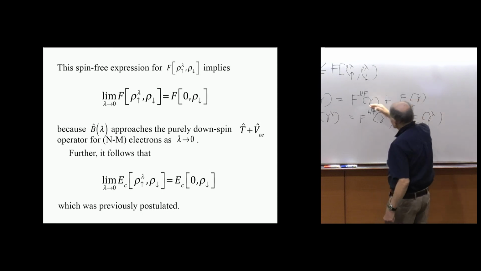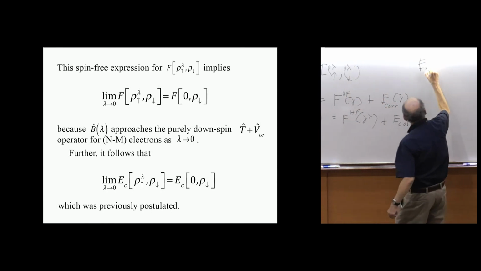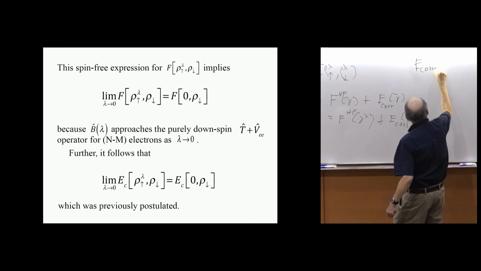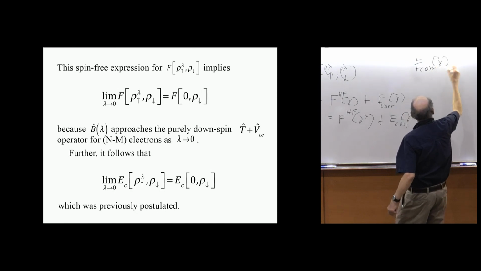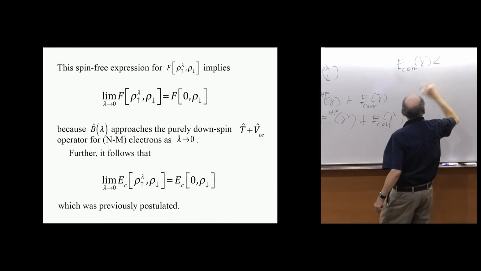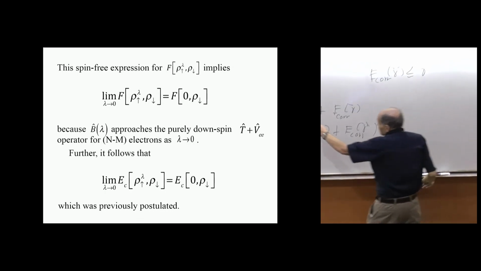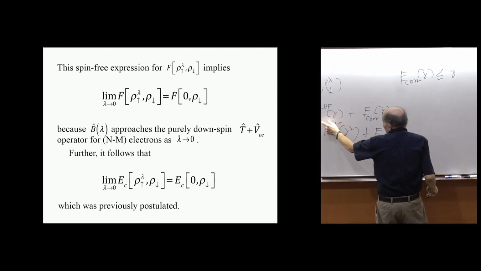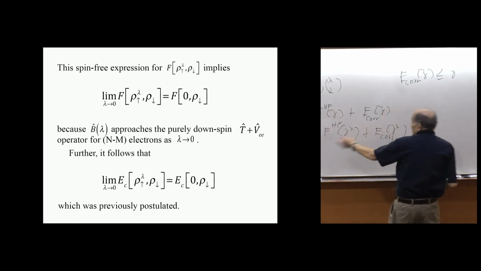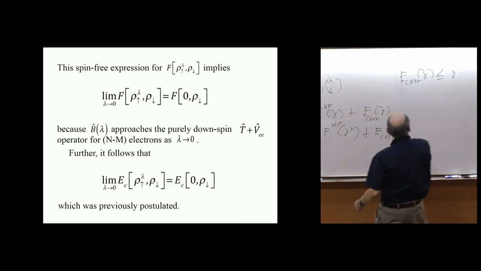Since this can only go up with fractional occupation, the correction of gamma must be negative, less than or equal to 0. Both of these scale just as lambda, because it's a simple constrained search.